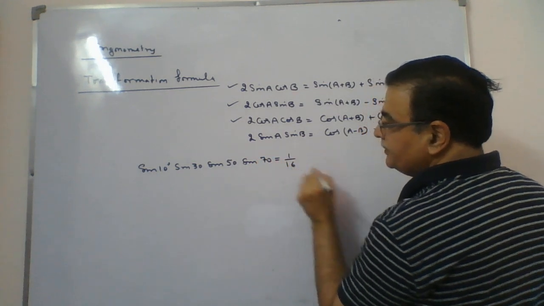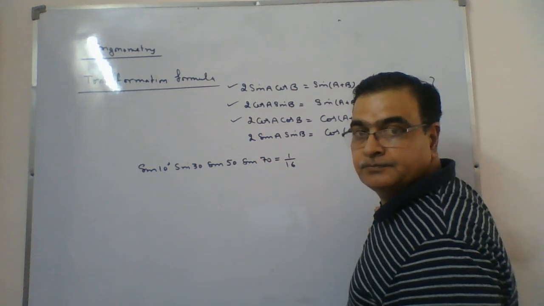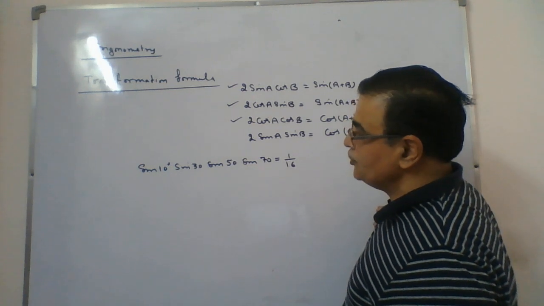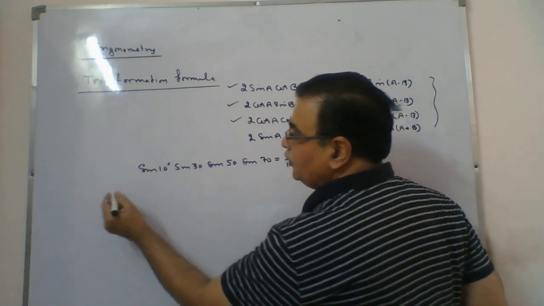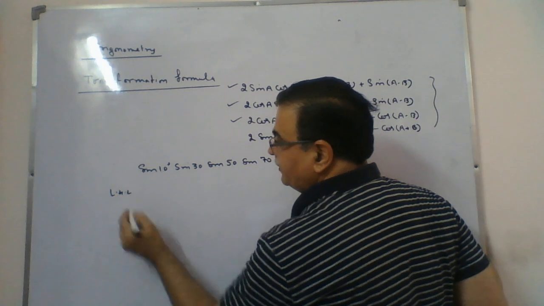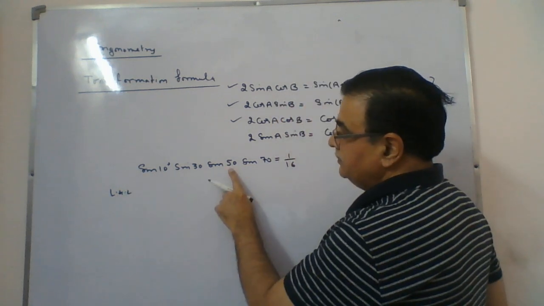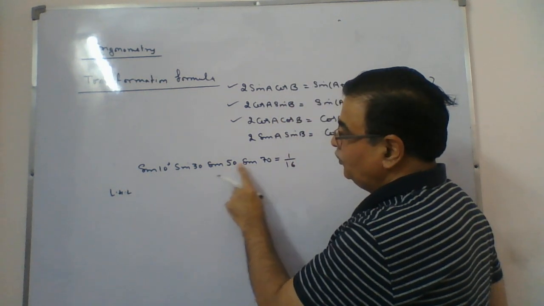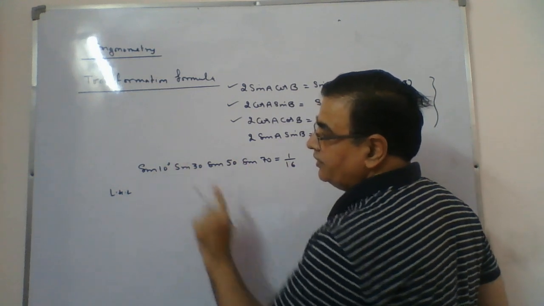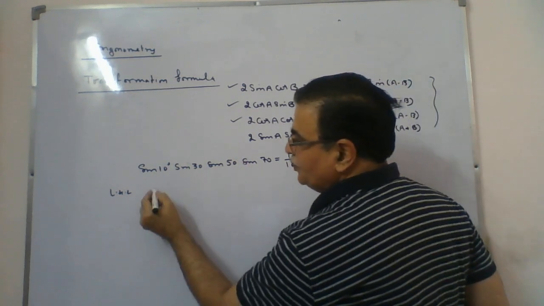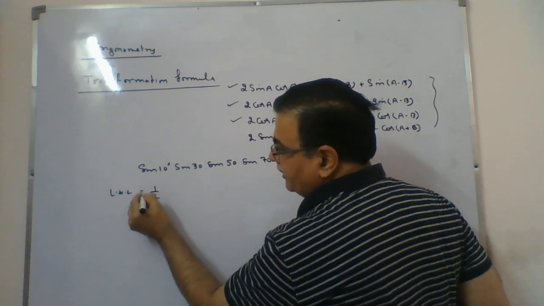We have to prove it is 1 by 16. Now when you have to do this question, again whatever value is known to us, we will put that. Sine 50 not known, sine 70 not known, sine 10 is not known, sine 30 is known, so that value is half. We have taken that.